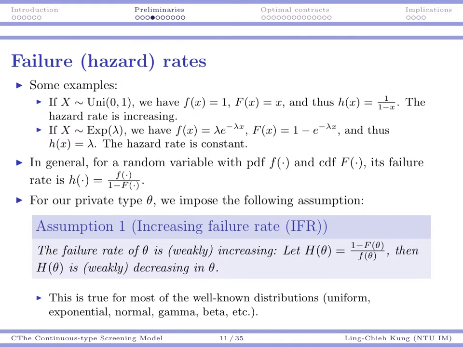Reasonable. A very special case is for X to be exponentially distributed with parameter lambda. In that case, your PDF is like this, and your CDF is like this. They are standard results that you may look up on Wikipedia or any textbook. If you plug small f and capital F into the formula for hazard rate, you will see that the hazard rate is just lambda.